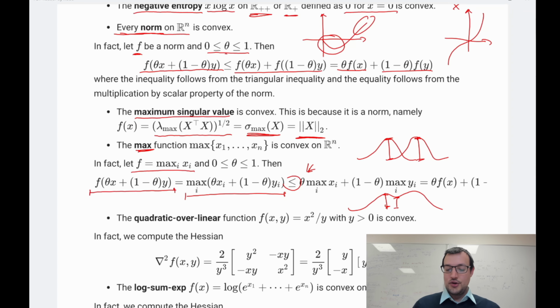So in general, the max of the sum of two elements is always less or equal than the sum of the max. Then the theta can be brought outside because it doesn't change the max. At this point we recognize, even if this is cut, you can complete it, f of y, we recognize the Jensen inequality.